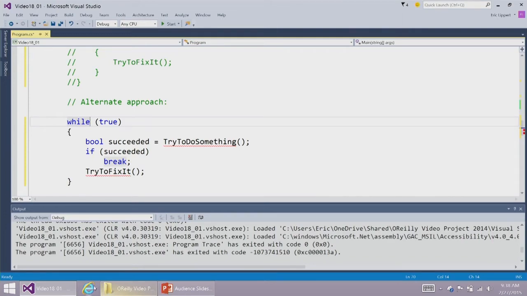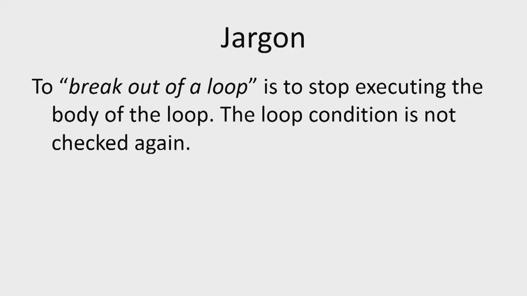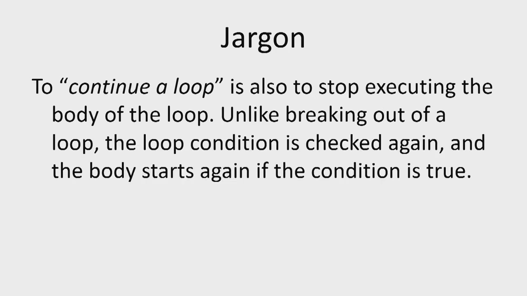So I've used the expression to break out of a loop several times. And in case that was not 100% clear, what I mean by break out of a loop is we want to stop executing the body of the loop immediately, just go on to whatever the next thing was after the loop, and not check the loop condition again. Now, we can also continue a loop. And to continue a loop is also to stop executing the body of the loop.